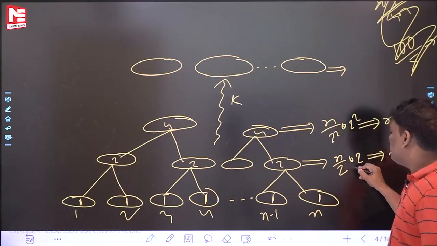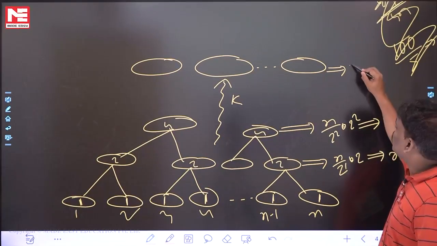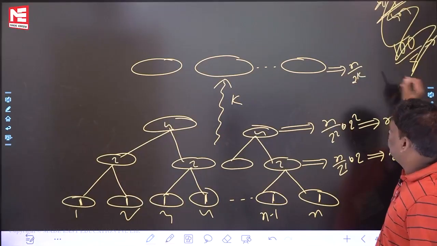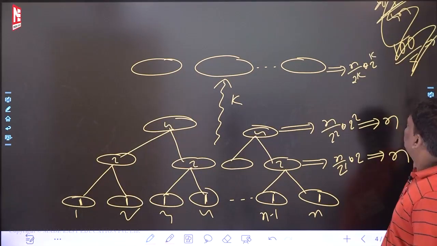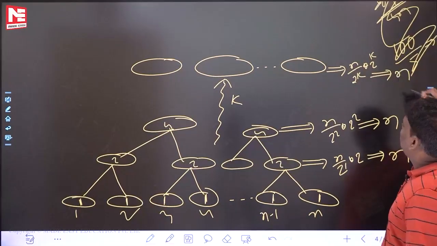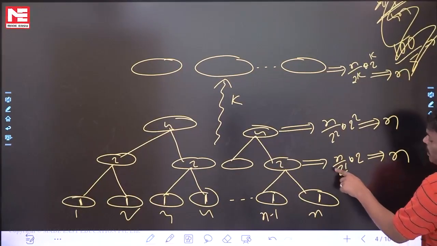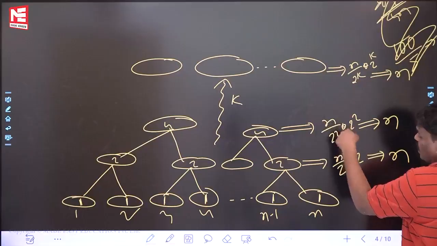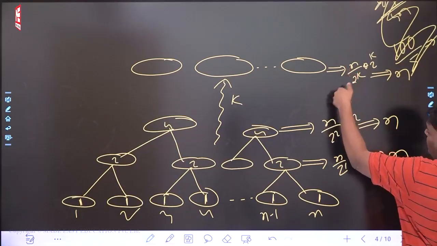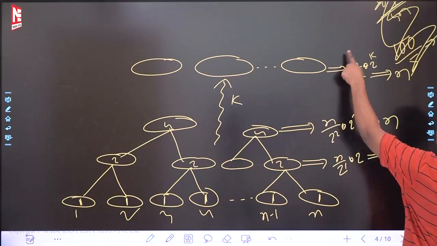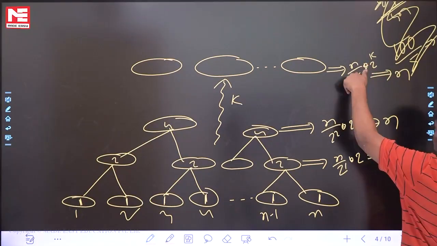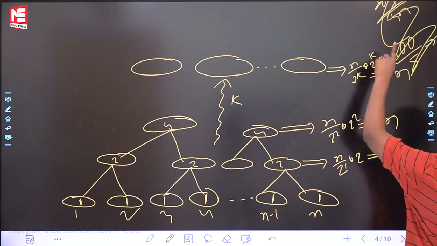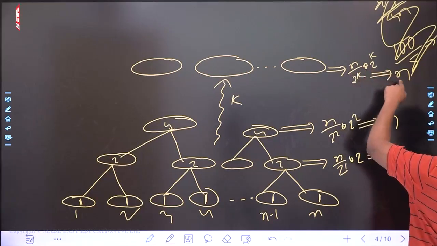If you do 1 time, n by 2 power 1. If you do 2 times, n by 2 square. 3 times, n by 2 cube. If you do k times, n by 2 power k groups will come, where every group size is going to be 2 power k, and this also becomes n.